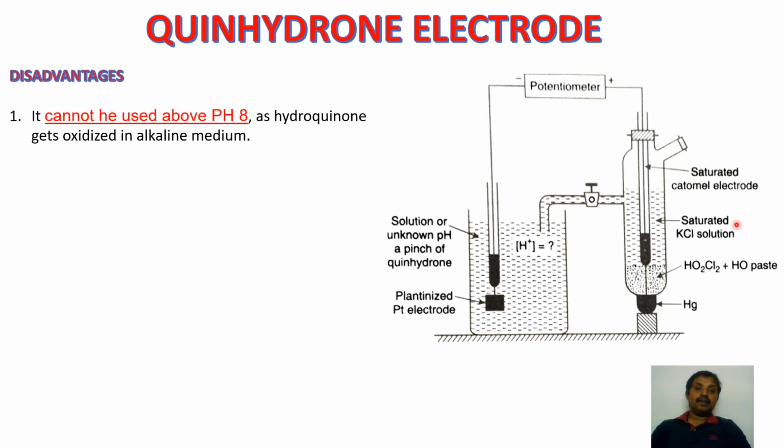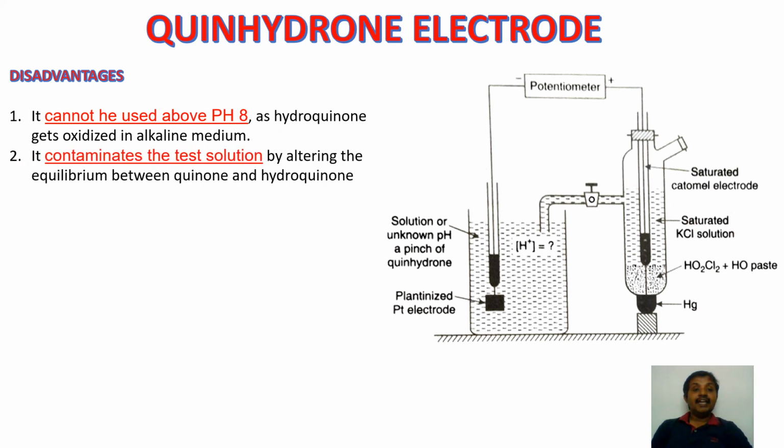The first disadvantage is it cannot be used above pH 8, as hydroquinone undergoes oxidation in the alkaline medium. The next is it contaminates the test solution by altering the equilibrium between quinone and hydroquinone.